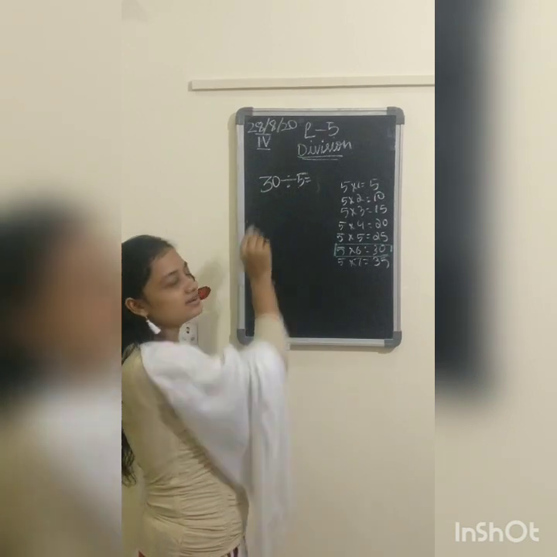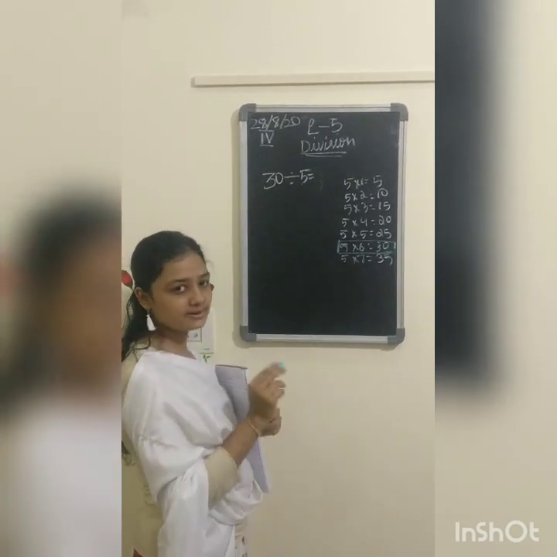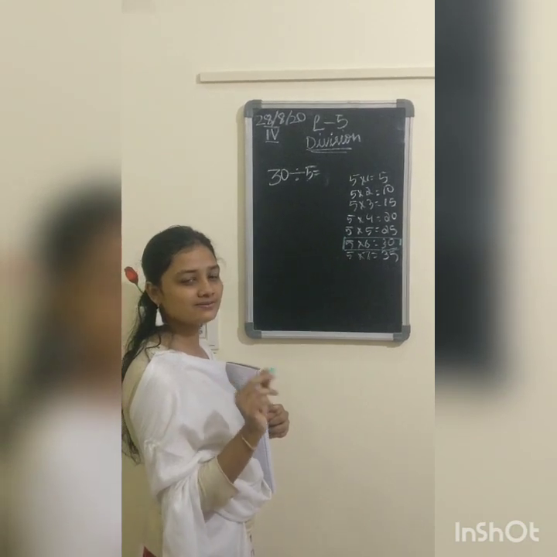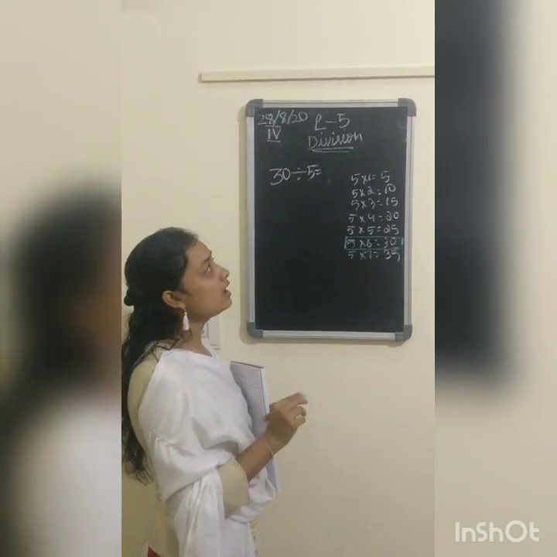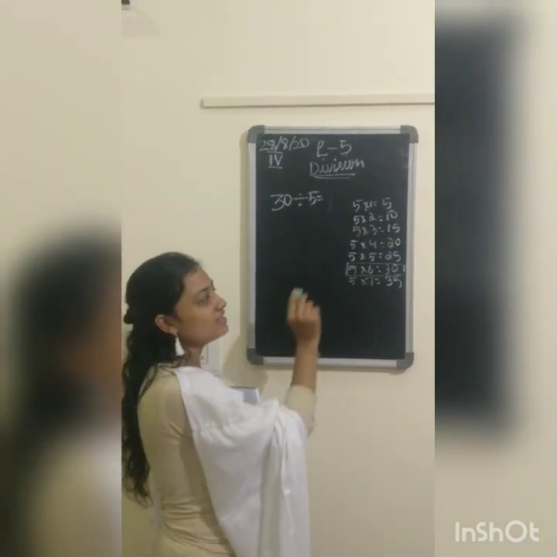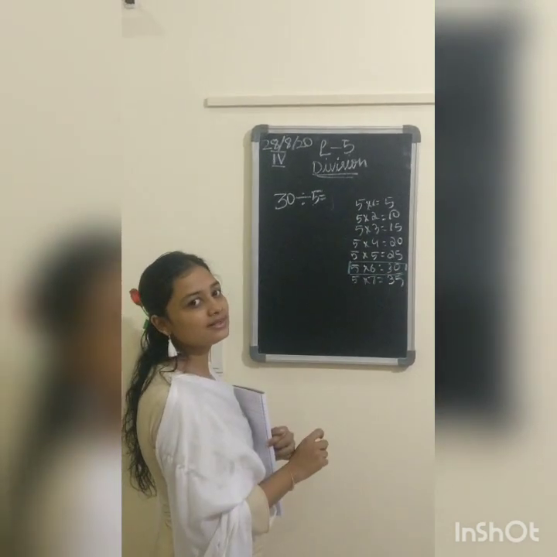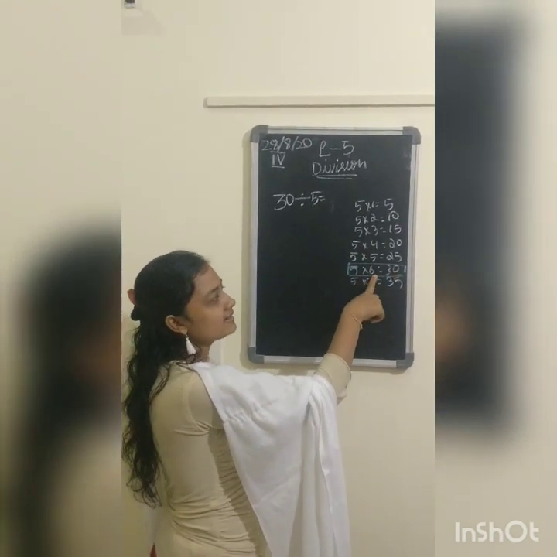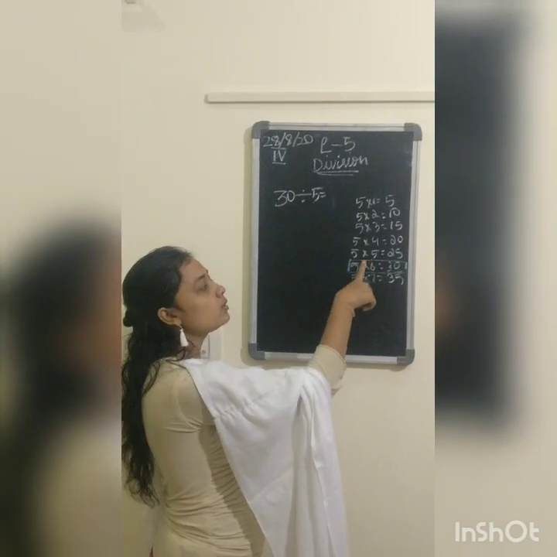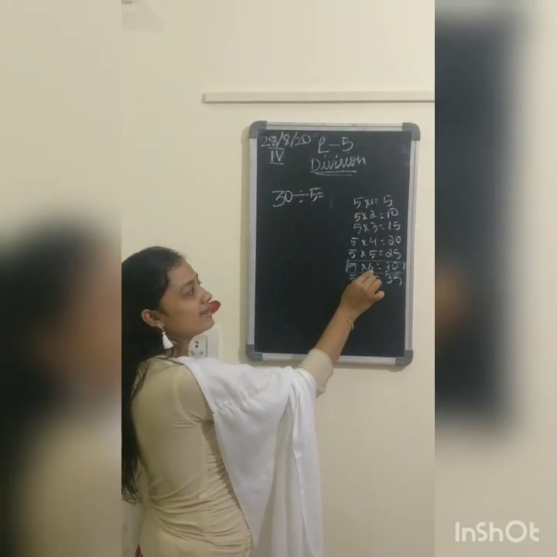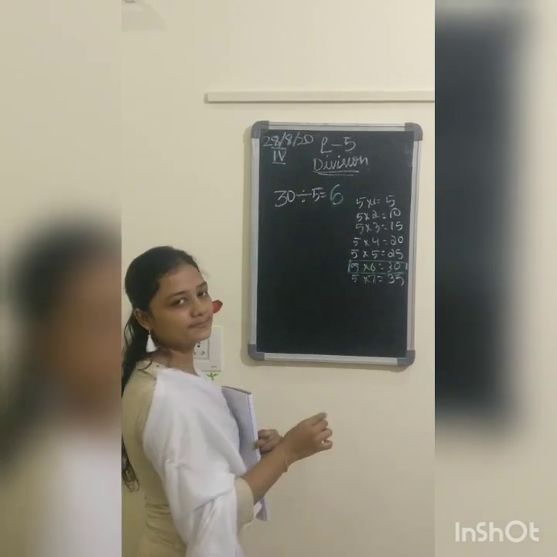I have taken 30 and 5. That is, I have 30 chocolates and I am going to divide it with 5 children. How to do that? Let me take the table of 5 and check where do I get 30. I got 30 here. That is 5 6s are 30. So what I'm going to write, 5 is already here. So I'm going to write 6 as my answer.